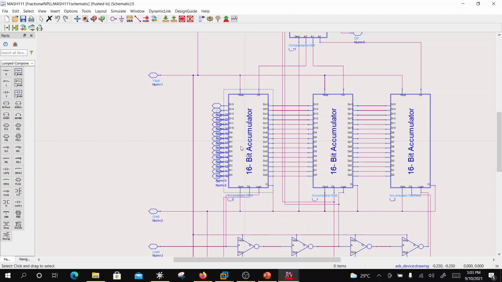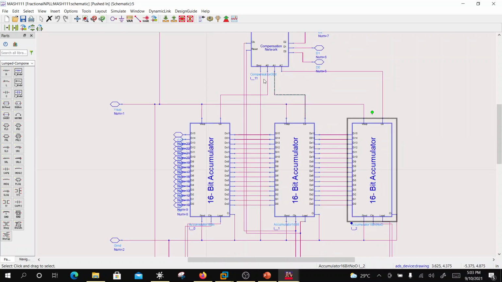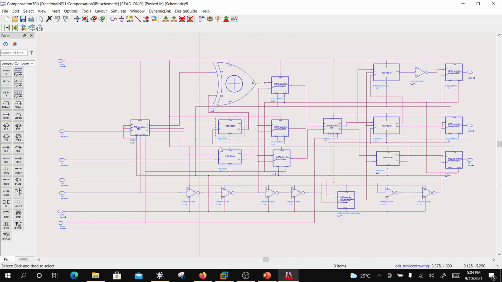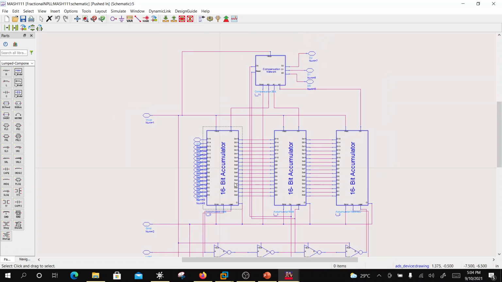So you are doing a first order integration here, second order integration here, third order integration here, and in this network you are doing the differentiation, right? So you are doing the second order differentiation and then the first order differentiation, okay, and then you get back to 3 bits, right? So this Sigma Delta modulation is done using 3 integrators, 2 differentiators, right?